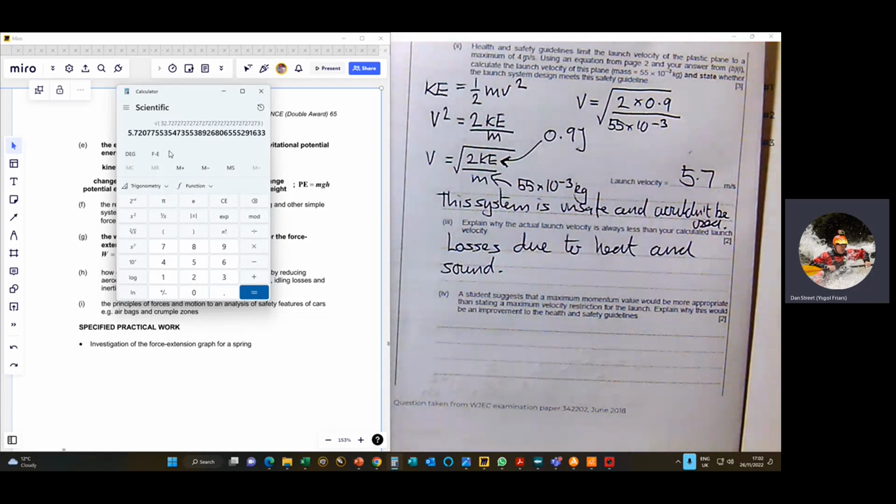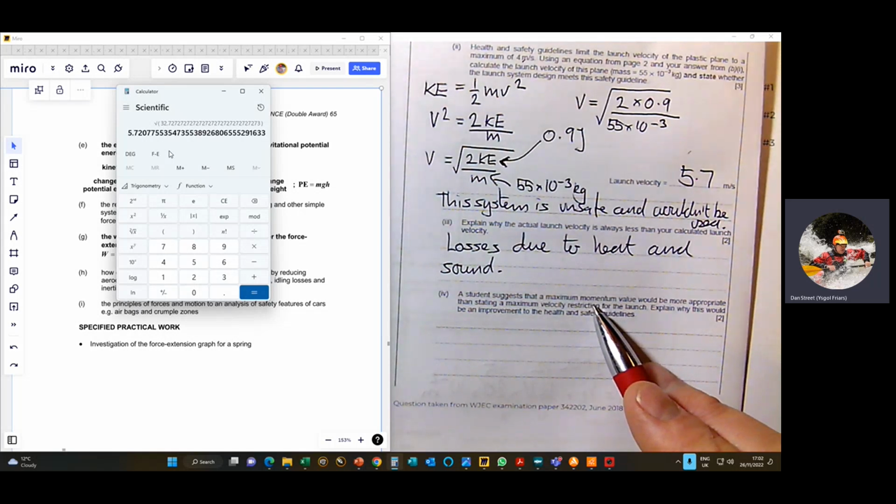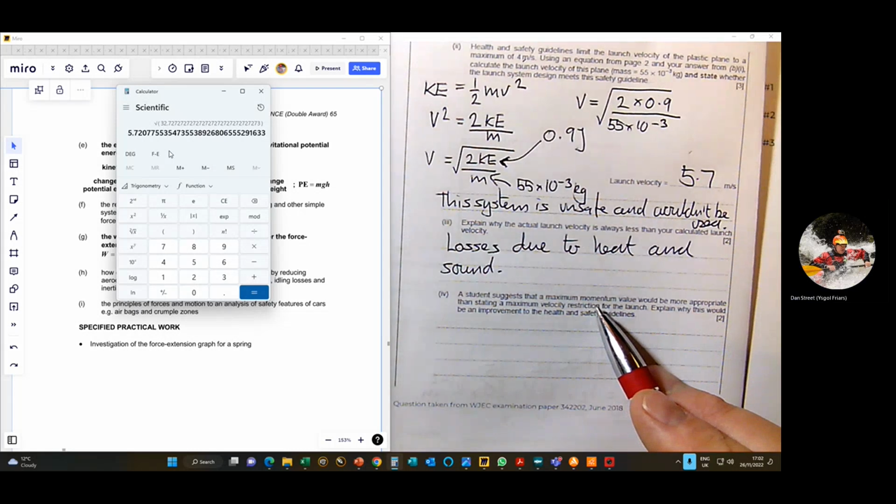A student suggests that a maximum momentum value would be more appropriate than stating a maximum velocity restriction for the launch. Explain why this would be an improvement to the health and safety guidelines. Okay, so the momentum is linking the velocity with the mass of the aeroplane. So if you're hit in the face by a very small aeroplane, that's going to be less damage than if you're hit by a large aeroplane, and therefore it would be safer to apply a momentum rather than a velocity.